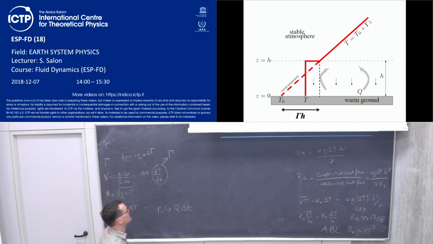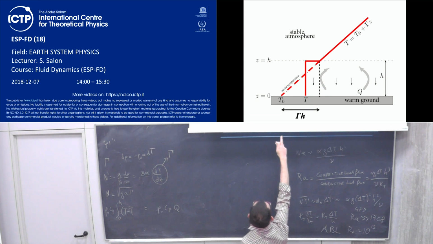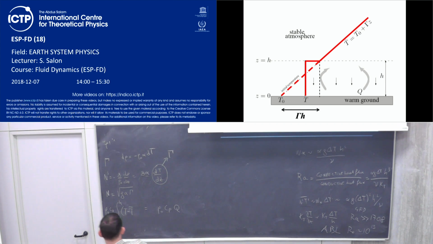So if we integrate this expression, so we are a little bit more precise, we have rho 0 Cp. The variation in temperature in my layer will be the difference between the final temperature, which I call capital T, and the initial temperature, which is T bar, in dz.